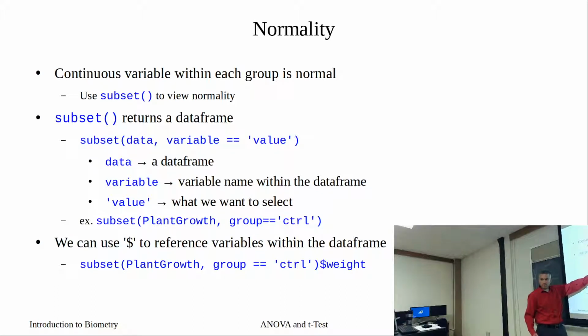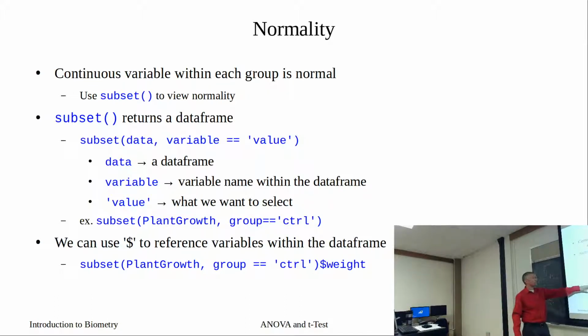All right? We're going to select on a variable, and we're going to say on this variable, we want to select out all of the items that are equal to a specific value. All right? And then that subset's actually going to give us a data frame, but only include those items that correspond to our condition that we set.